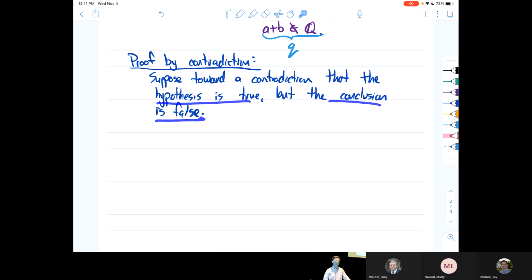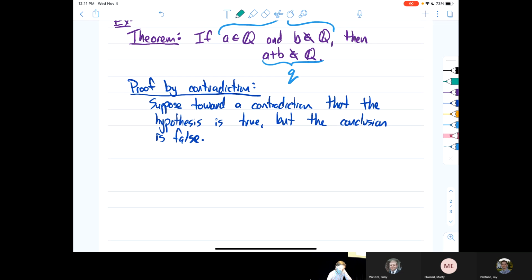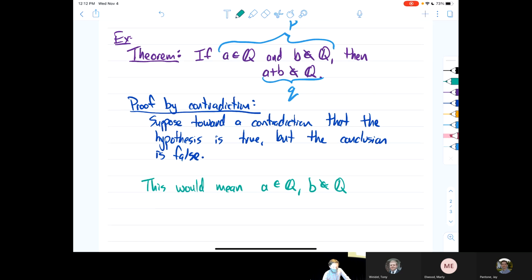Let's translate that into some math, given what the hypothesis and conclusion actually are. So let's say this would mean A is a rational number, B is not a rational number, because that's the hypothesis. We're assuming the hypothesis is true. Then we're also assuming the conclusion is false.